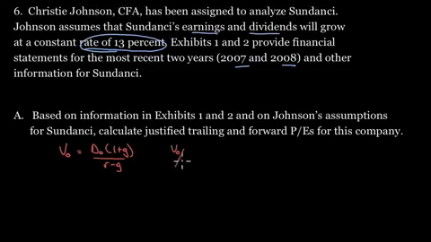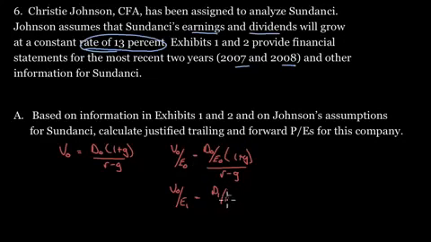So V naught divided by E naught, and of course, that'll be a justified because we're using the intrinsic value, not price now, equals D naught over E naught, (1 plus G) over R minus G. And if we had divided through by E1, if you multiply D naught by (1 plus G), you'd get D1, and then you divide that by E1, over R minus G.